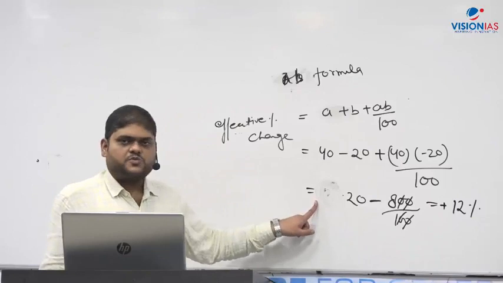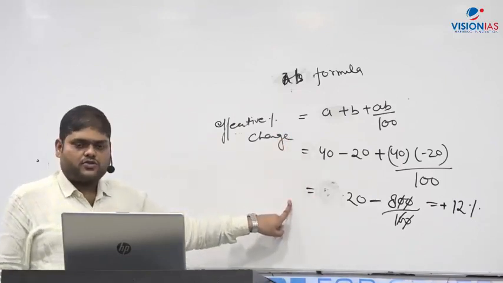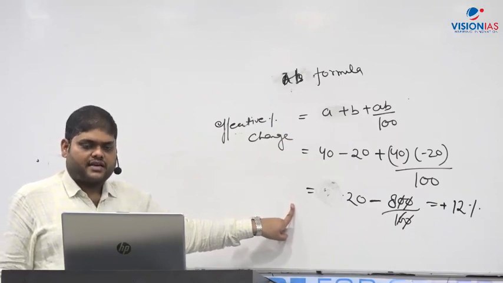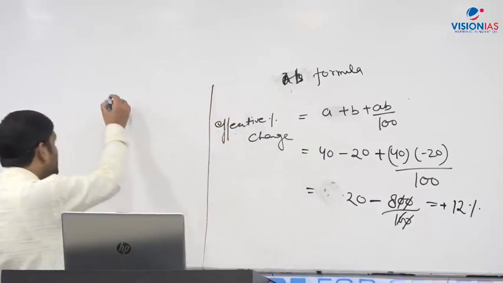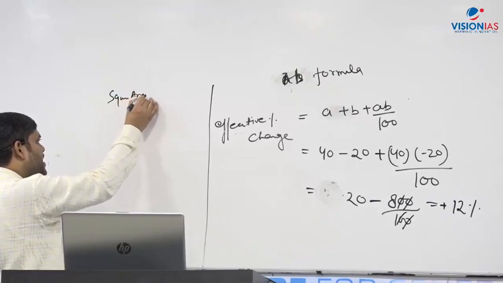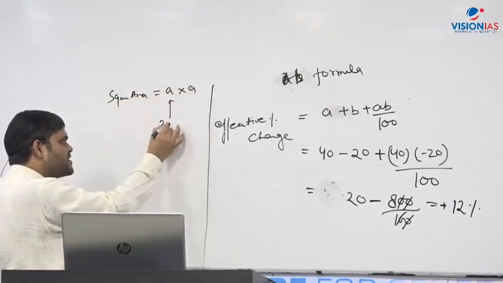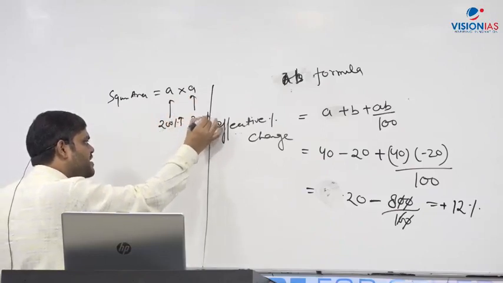Now we can do this part with the help of the AB formula also. For example, the question was a square, where area is equal to A into A. There is a 200% increment here and a 200% increment here.